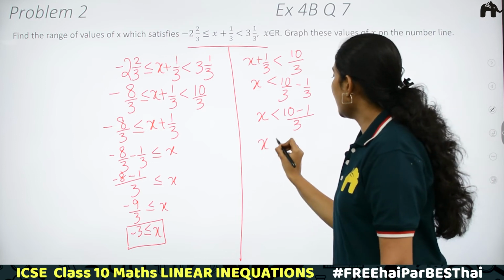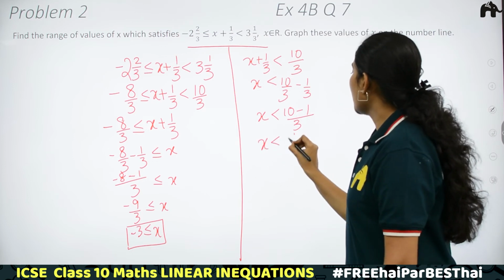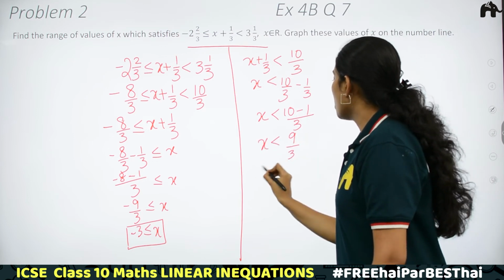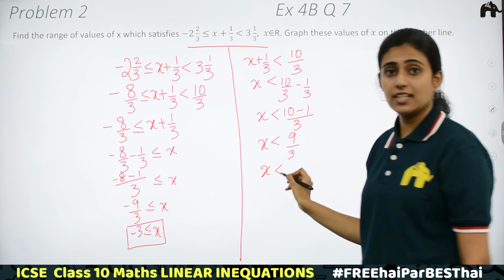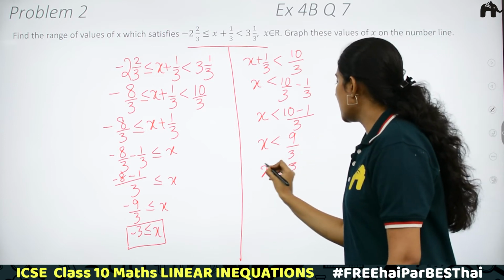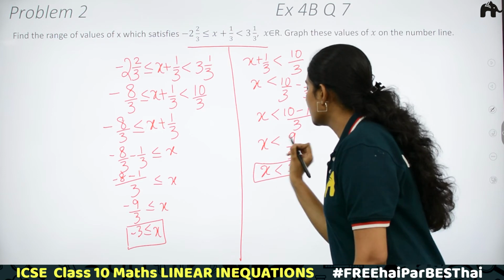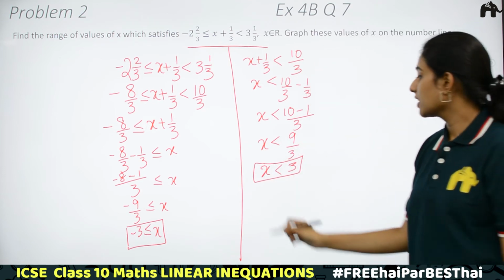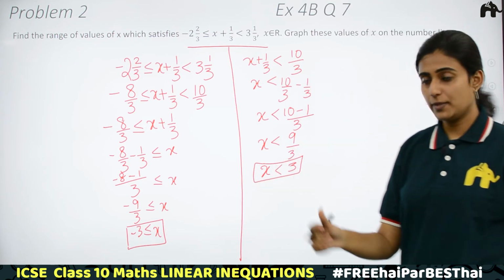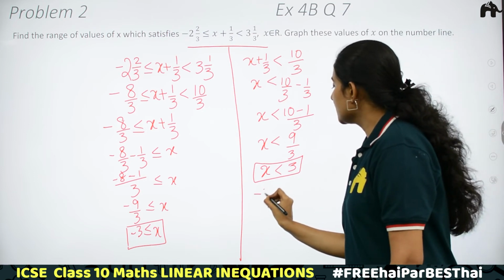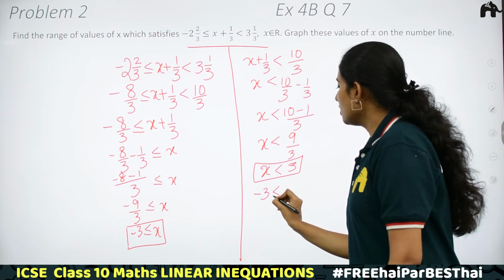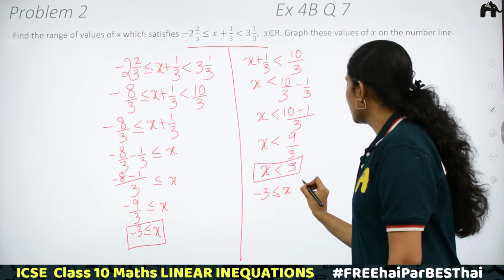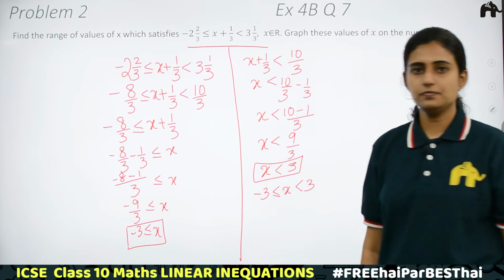That is x less than 9 by 3, which is 3. This is our second condition of inequality. Combining them, you will be getting minus 3 less than or equal to x less than 3.